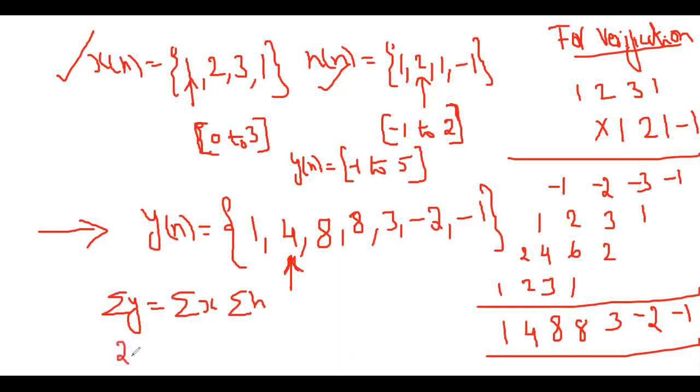The y of n value is 21, equal to what is the sum of x? 1 plus 2, 3, 3 plus 3 is 6, 6 plus 1 is 7. And for h, 1 plus 2 is 3, 3 plus 1, 4, 4 minus 1 is 3. So 7 times 3, the sum of x and the sum of h. It is a multiplication. 7 times 3 is 21. 21 is equal to 21.